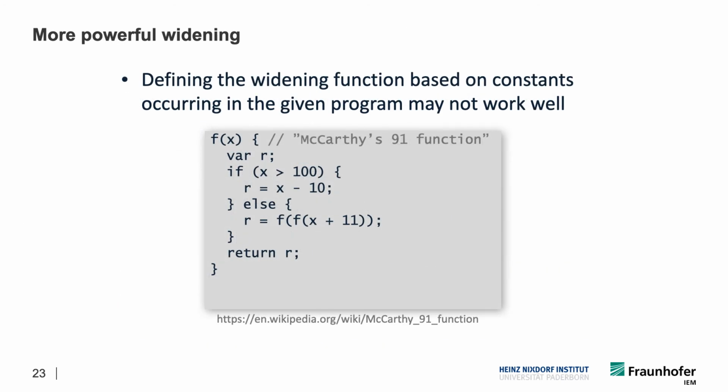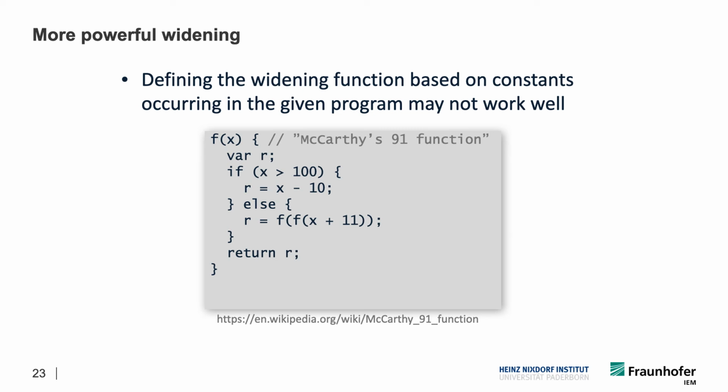Now, talking a little bit more about widening again, I told you that typically widening is done in such a way that you choose the set B of boundary values by looking at the constants that are already part of the program. I just want to show you one example by McCarthy, which is sort of infamous.